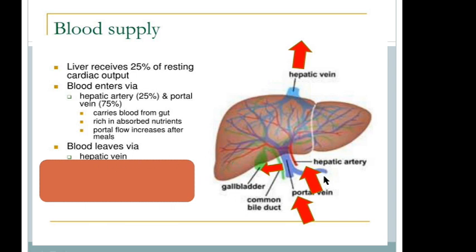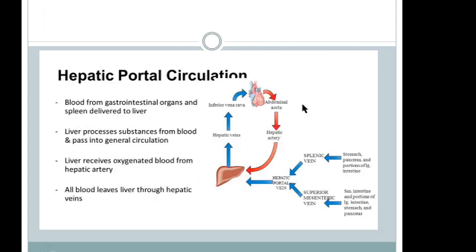Here in this diagram you can appreciate the hepatic artery, the red one, and the blue one, the portal vein, which enters into the liver. So the liver receives blood from the hepatic artery and portal vein and leaves the liver via the hepatic vein.